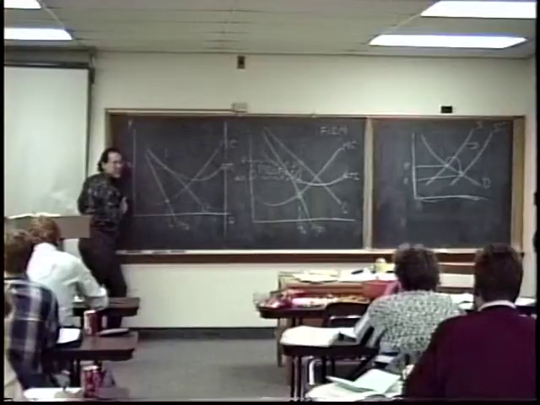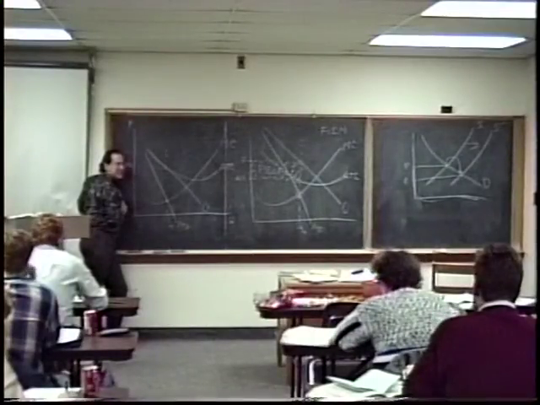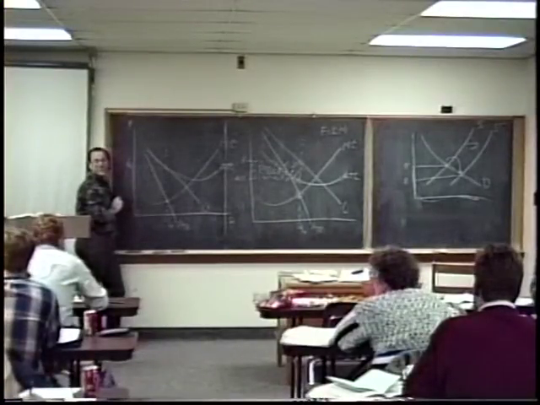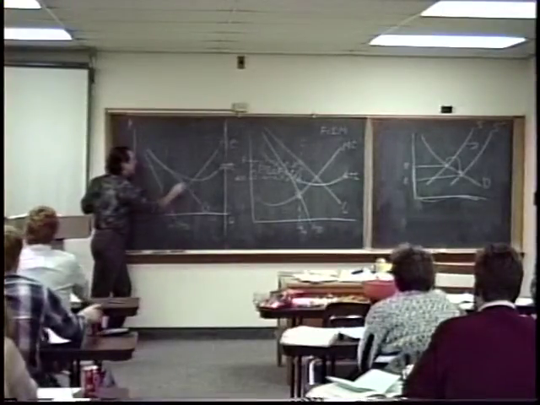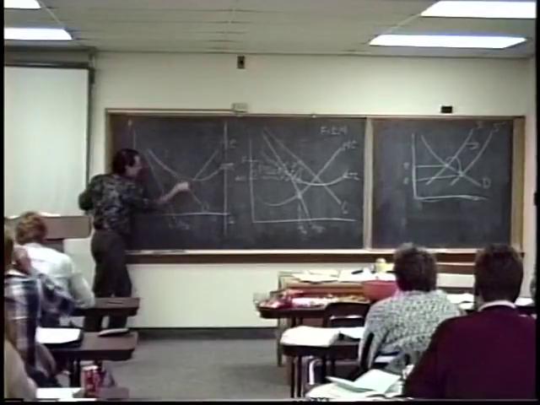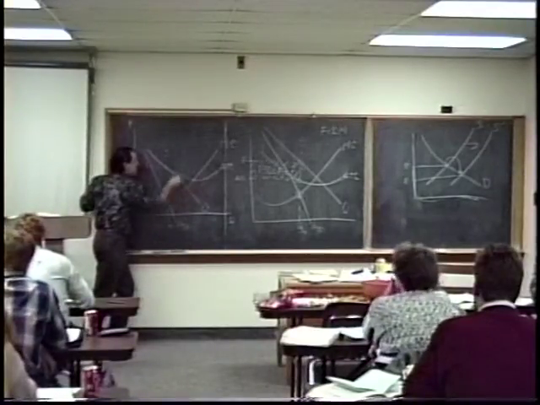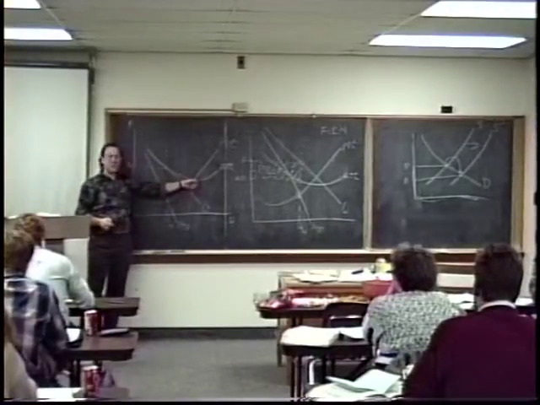However, what's the difference between this and pure competition? We're making a normal profit, but it's not as efficient. In pure competition the demand curve was different, and so the demand curve was tangent down here. This is the most efficient level. So they're making a normal profit, but they're not producing at the most efficient level.